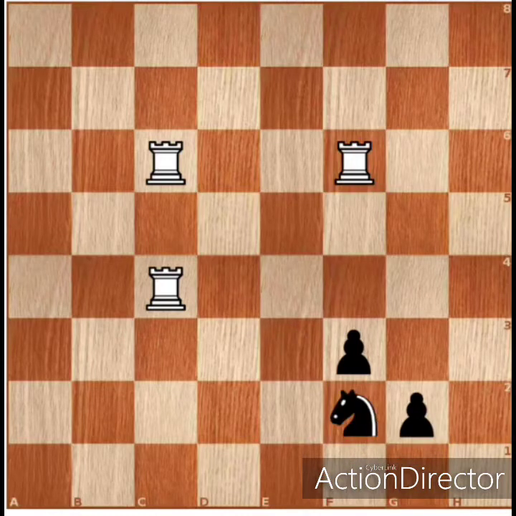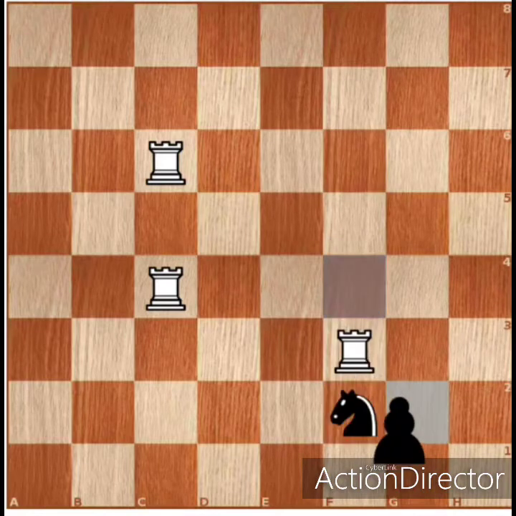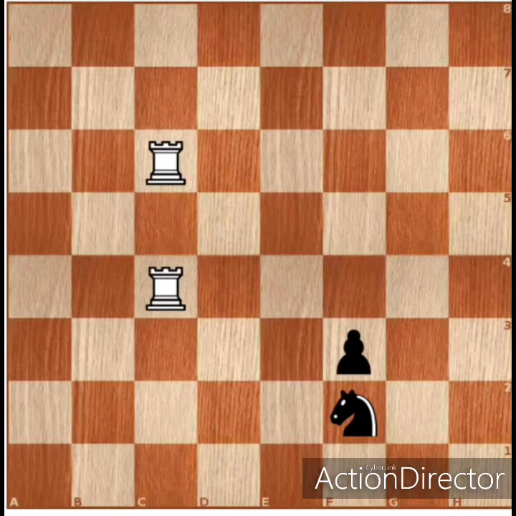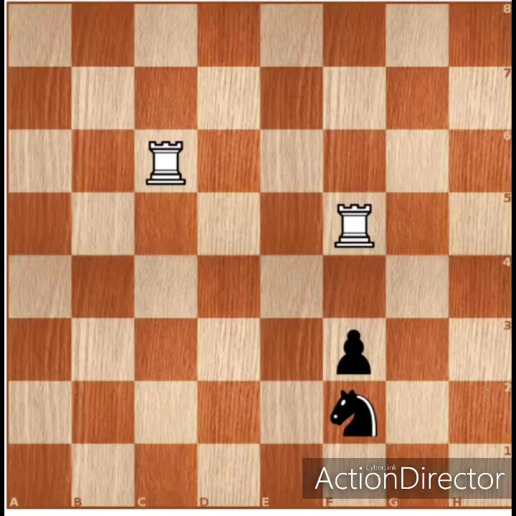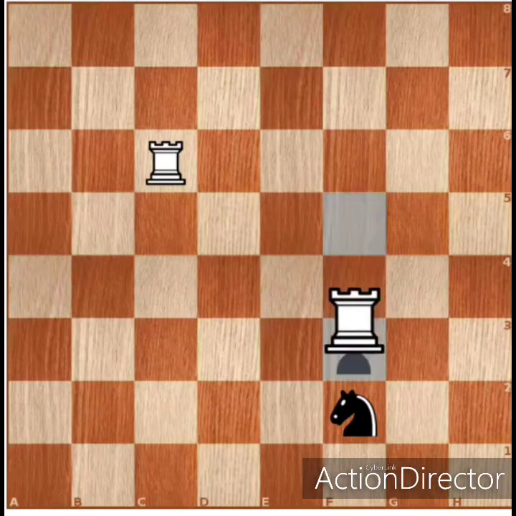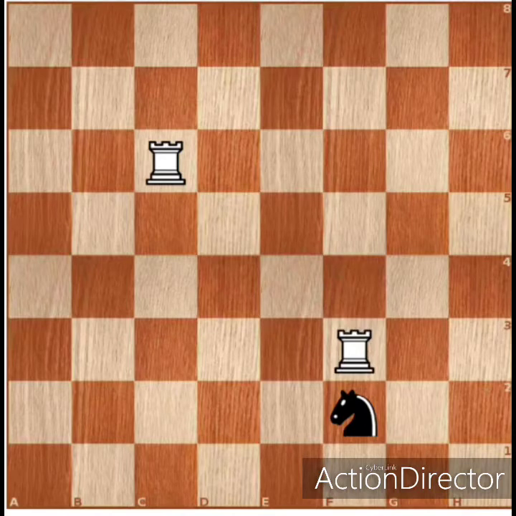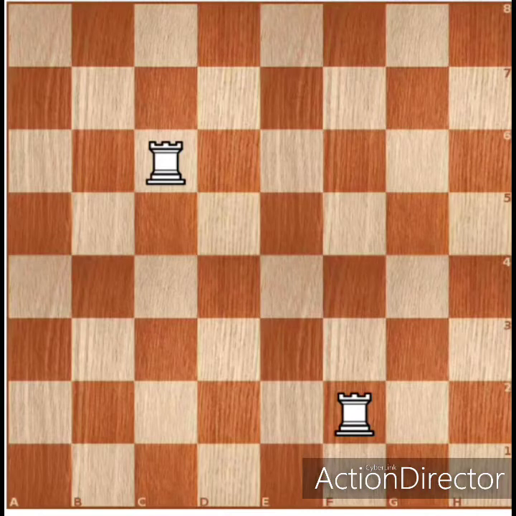At this position, if you capture the pawn, then the pawn can capture back. So if you want to capture the knight, first you need to capture the pawn, and after that capture the knight, move by move.